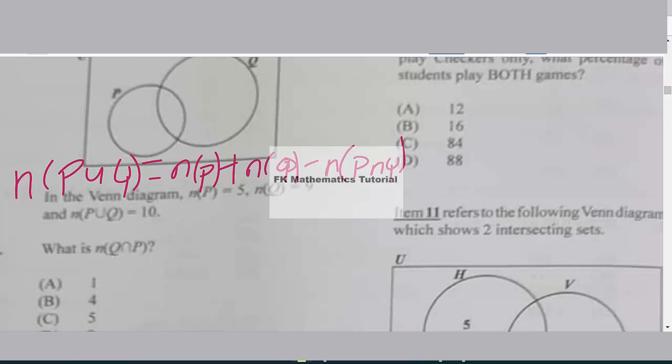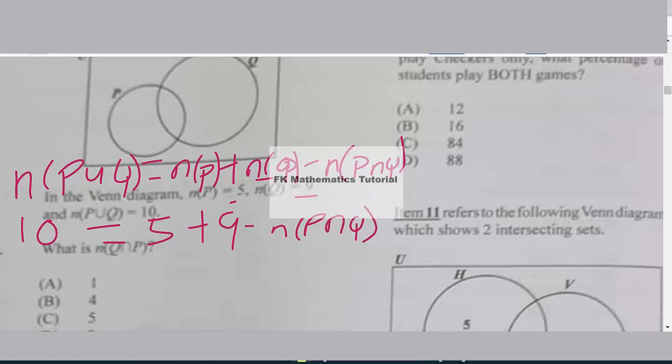So do we know some of them? Yes, we know this one to be equal to 10 because it is given in the question. Then we know this one to be equal to 5 because that is also given in the question. Then we also know number of Q to be 9, minus the intersection.